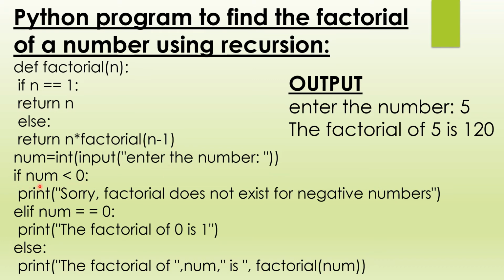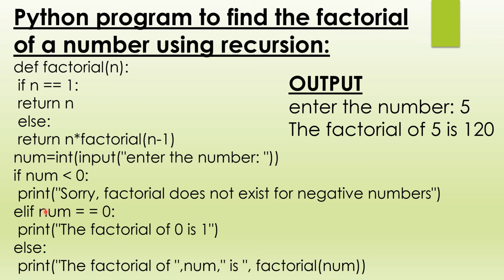So if num is less than 0, that means if the integer entered here is a negative number, then it will print that factorial does not exist for negative numbers. And if it is not a negative number, the next condition is num is equal to 0.